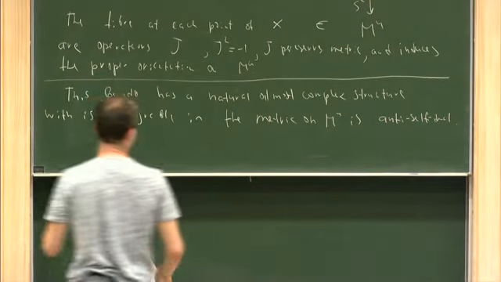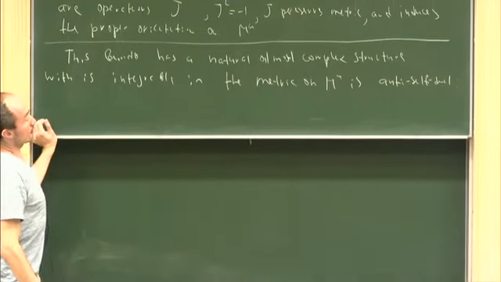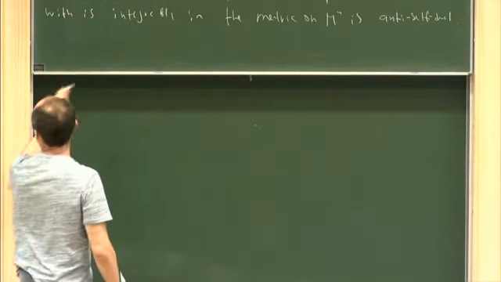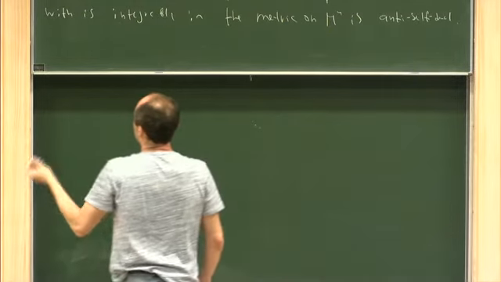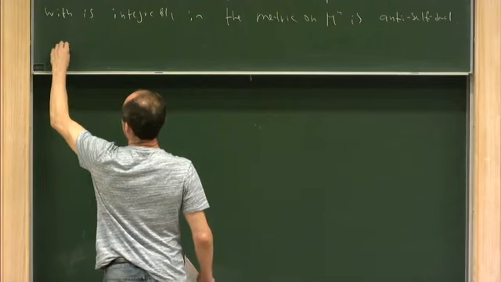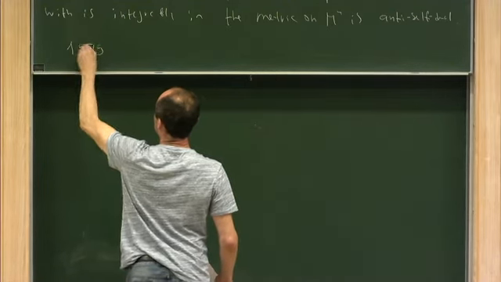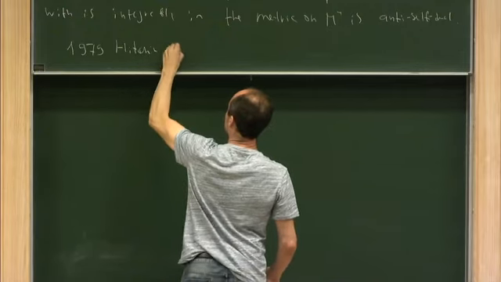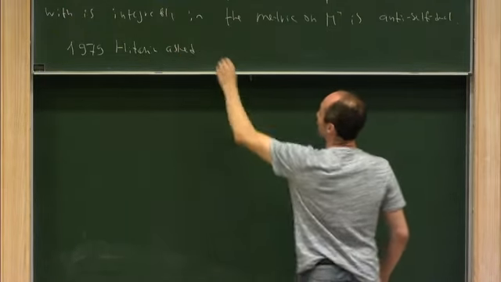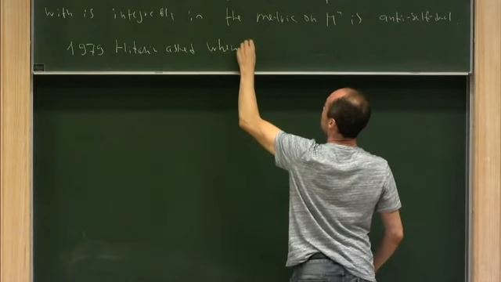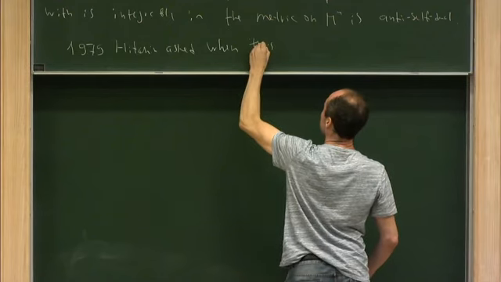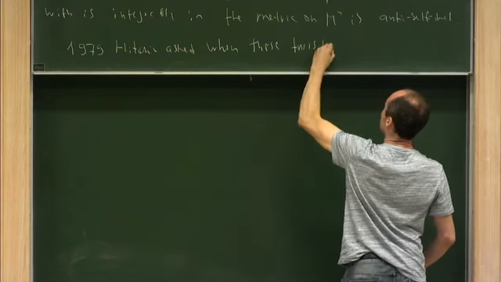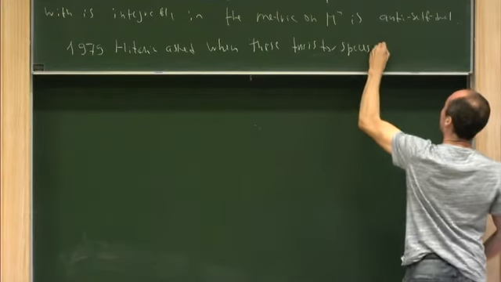And basically, the relation to our statement is that in, I think, 1971, approximately, Hitchin asked when these twistor spaces are Taylor.